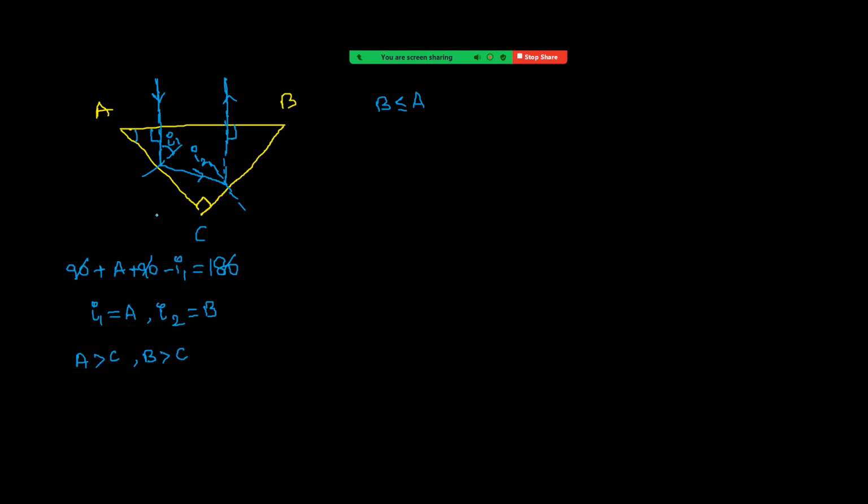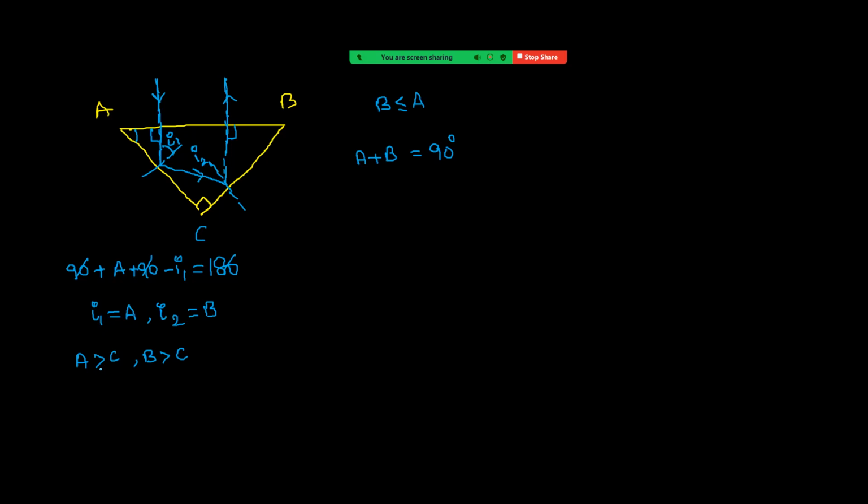That means now from the diagram, A plus B is 90, because the sum of the angles in a triangle equals 180.